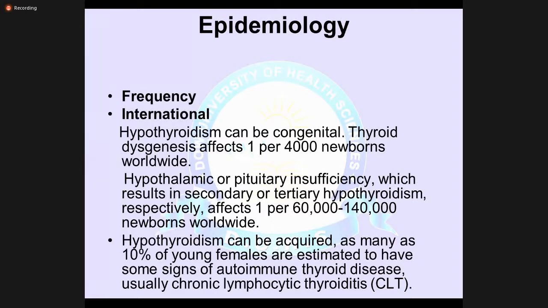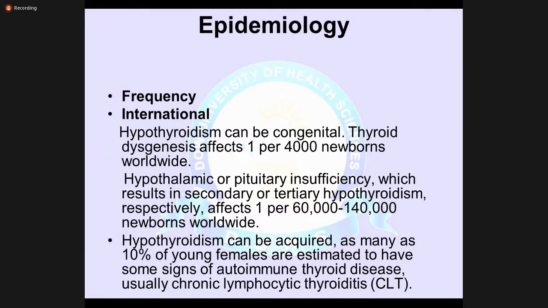So the commonest reason of hypothyroidism that you see is because of the primary hypothyroidism, that is the fault is in the thyroid gland. This should be very clear. What do we mean by primary hypothyroidism and secondary hypothyroidism or tertiary hypothyroidism? If the fault is in the thyroid gland, it will be considered as primary hypothyroidism.